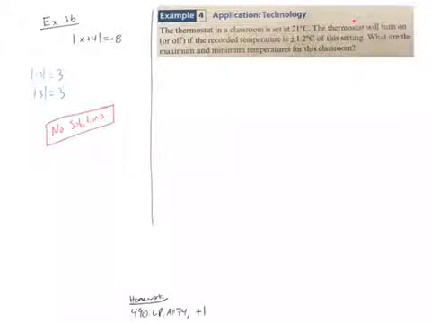But let's see if we can take this one step further and apply what we've learned today. Remember, it turns on or off whenever the difference between the actual temperature in the room and its set temperature is bigger or smaller than this. So remember, for the difference of something, we would write x is the actual temperature of the room.